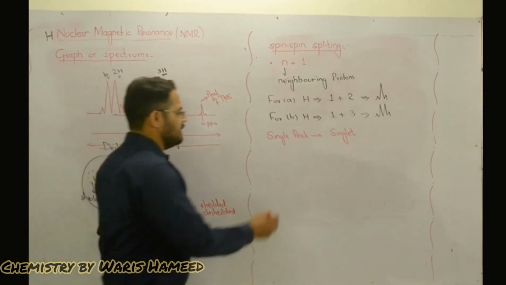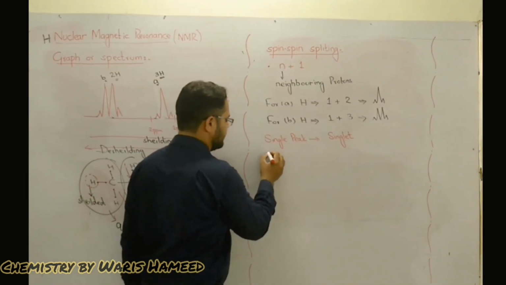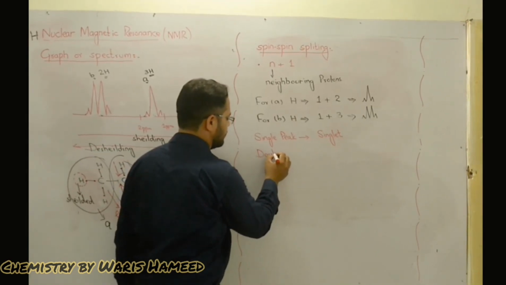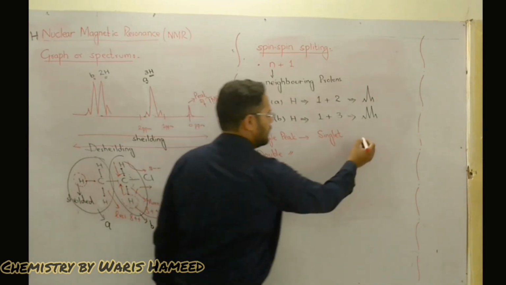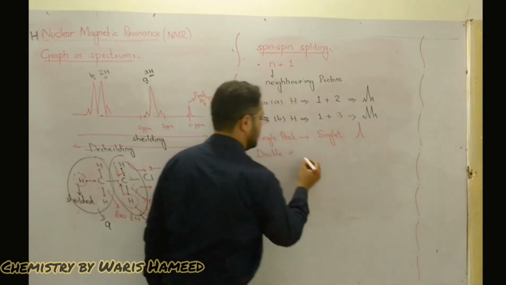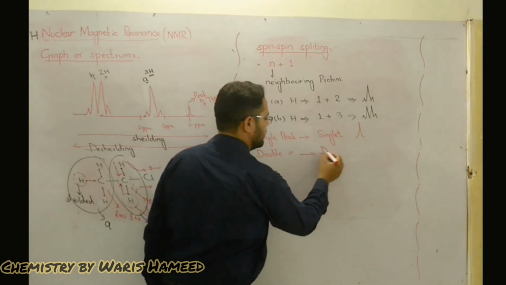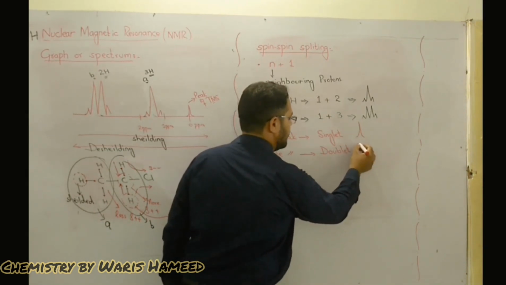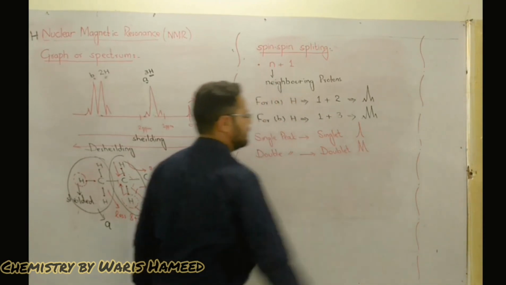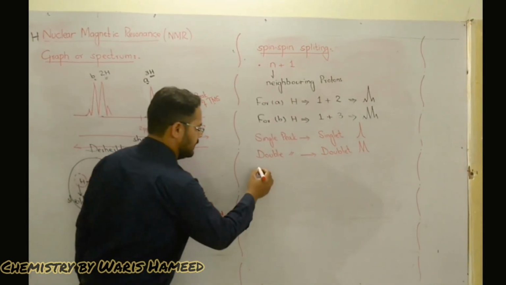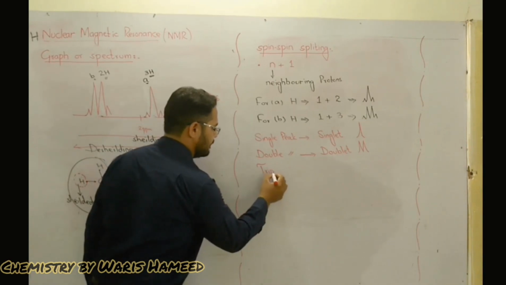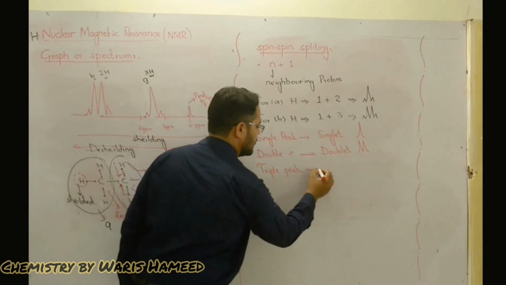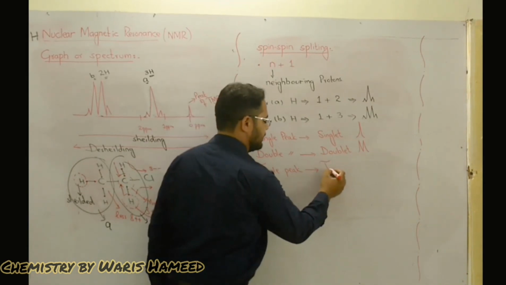If we receive a double peak, like this, then it's a doublet. And if we receive a triple peak, it will be a triplet.